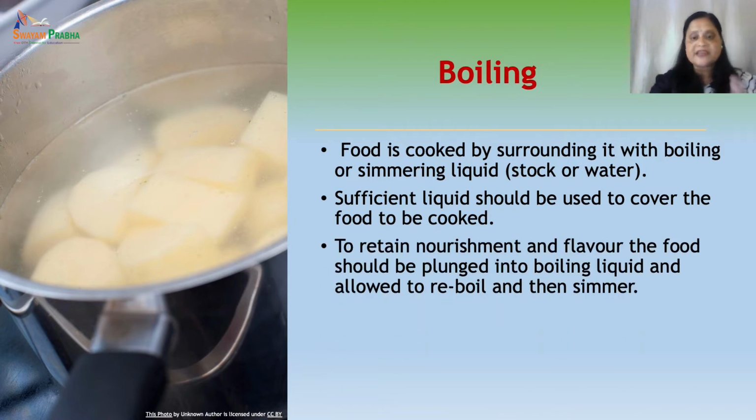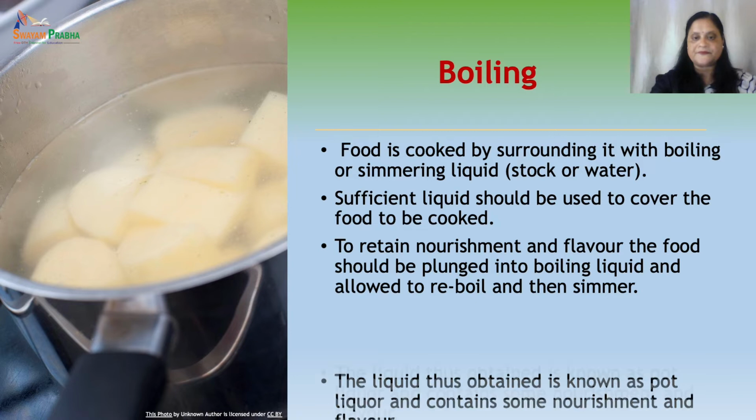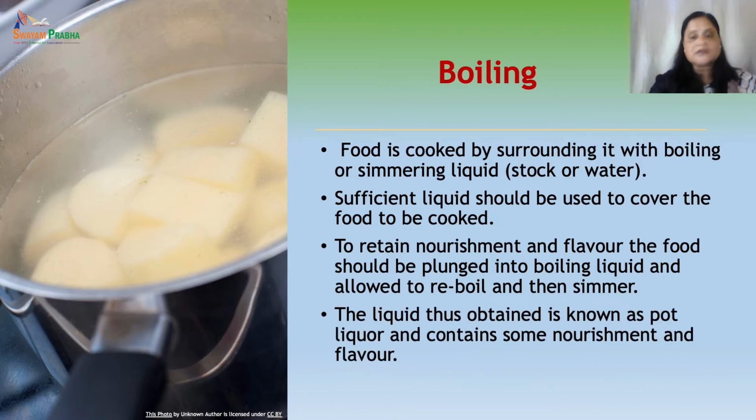To retain nourishment and flavor, the food should be plunged into boiling liquid and allowed to reboil and then simmer. The liquid thus obtained is known as pot liquor and contains some nourishment and flavor. This liquid should not be wasted.